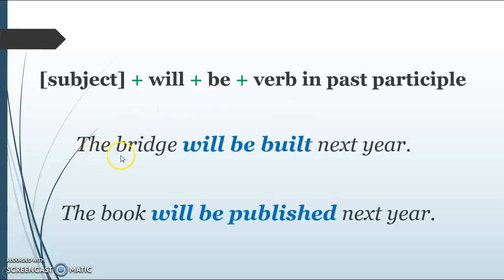For example, here the bridge is the subject, will is expressing future, be in the base form, built, that is the verb in the past participle. The same happens with the second sentence. The book, will, that expresses future, be in the base form, published, that is in the past participle.